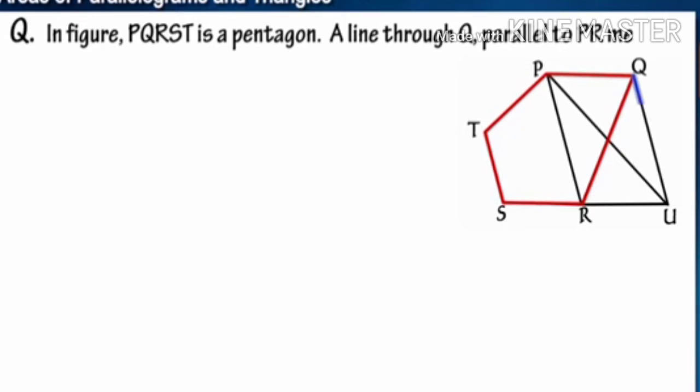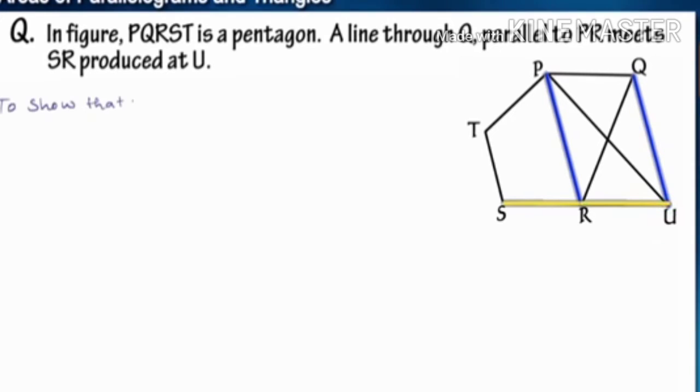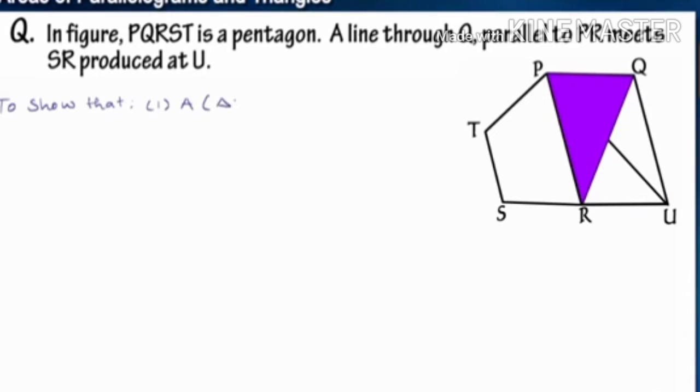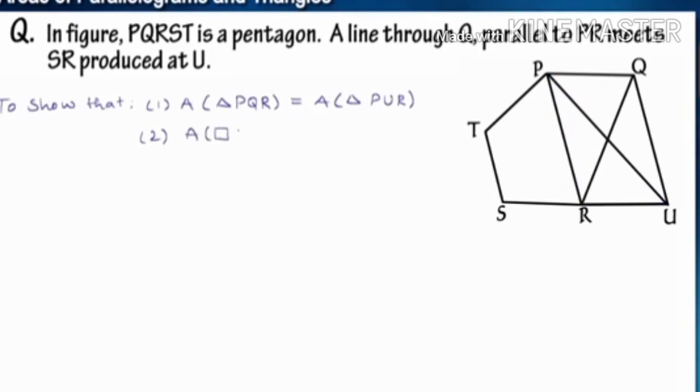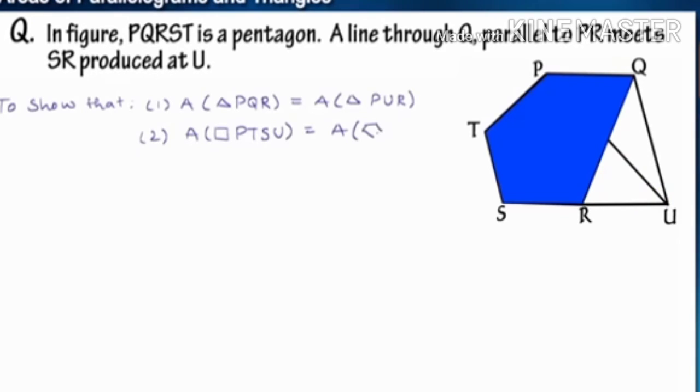A line through Q parallel to PR meets SR produced at U. We have to show that the area of triangle PQR is equal to the area of triangle PUR, and the area of quadrilateral PTSU is equal to the area of pentagon PQRST.